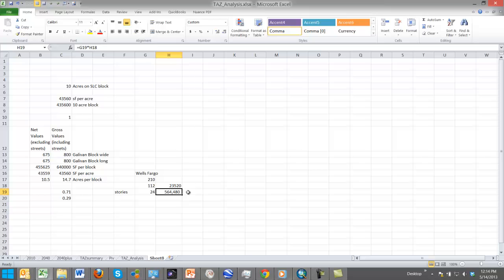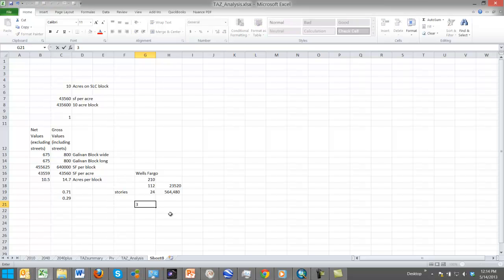Now we can make an estimate of how many jobs are in that building. So these are some rules of thumb that we use. Dr. Ewing will know more about these rules of thumb, and they're published in other places.